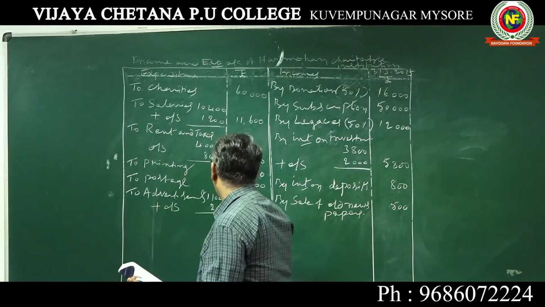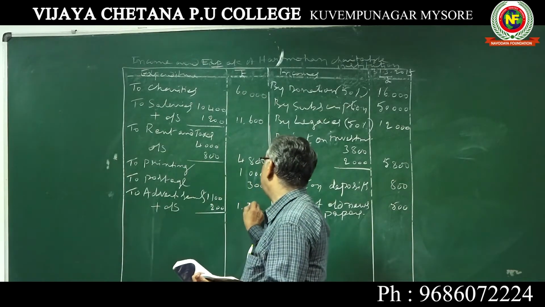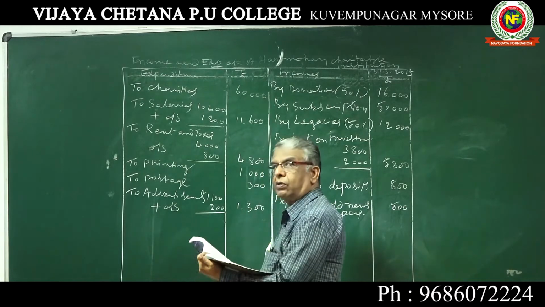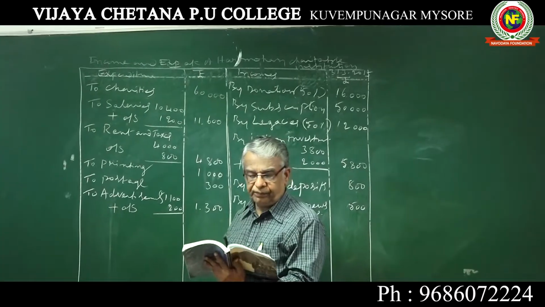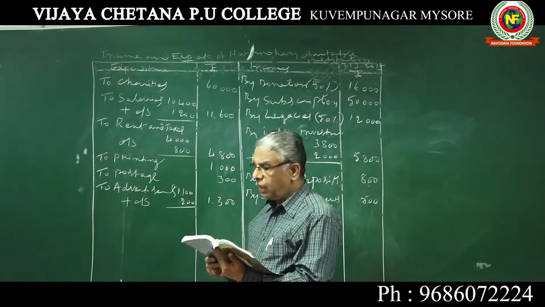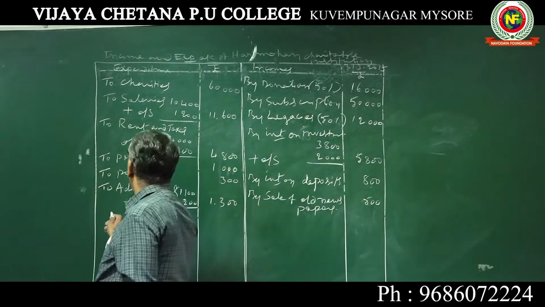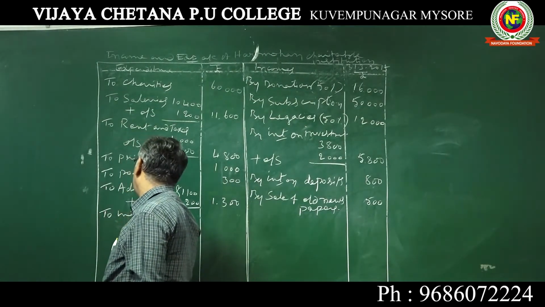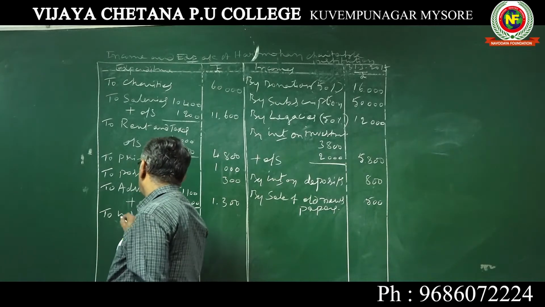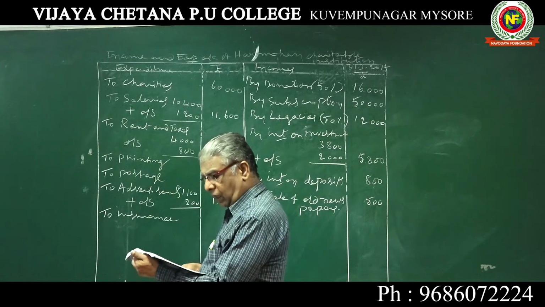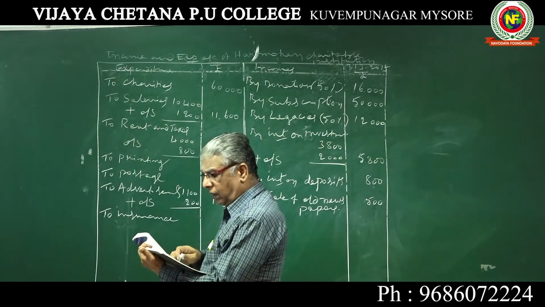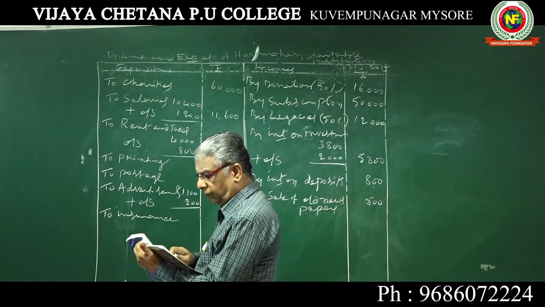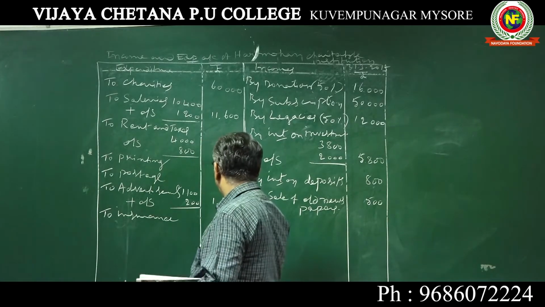So the total amount is 1,300. And then insurance, it is also an expenditure. Insurance amount he has given is 4,800.